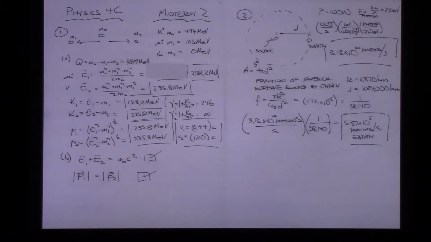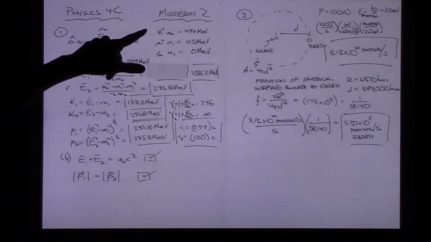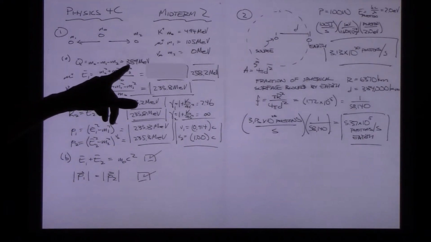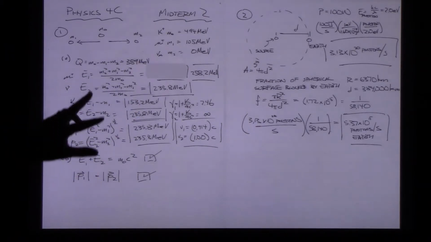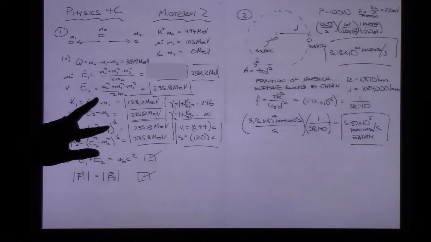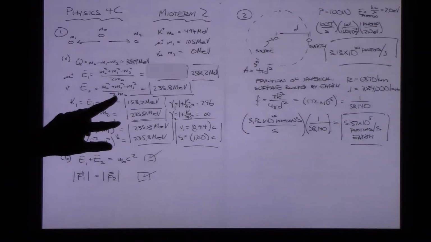Now, in this reaction, the muon has a much lower mass than the kaon, and that means that when there's a lot of energy being released, a sizable portion, it's going to tend that the kinetic energies are not so different, and they're not terribly different here.